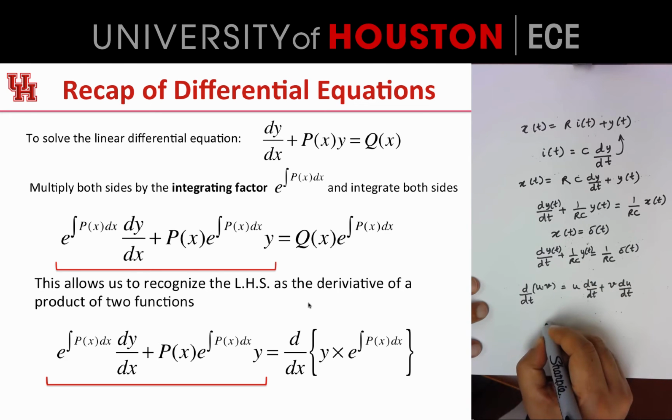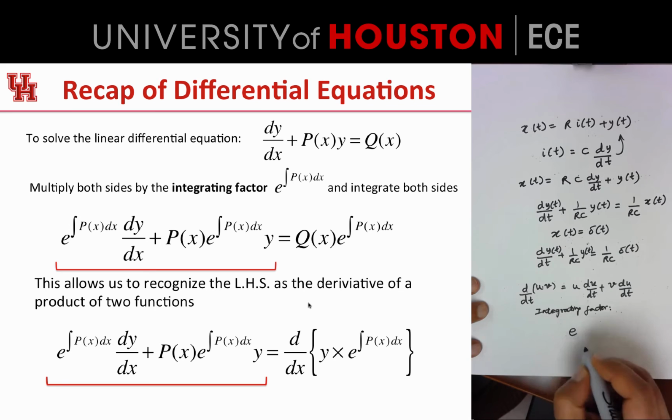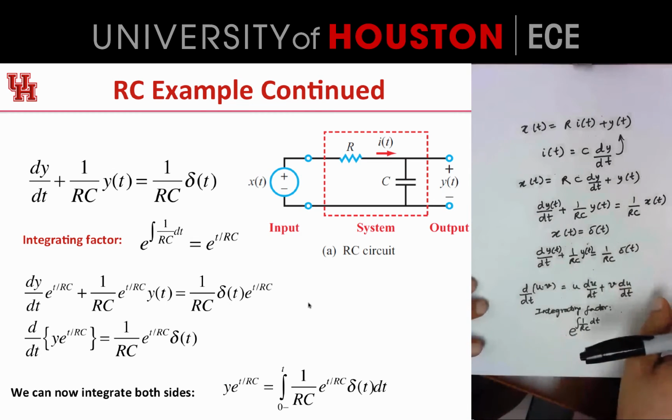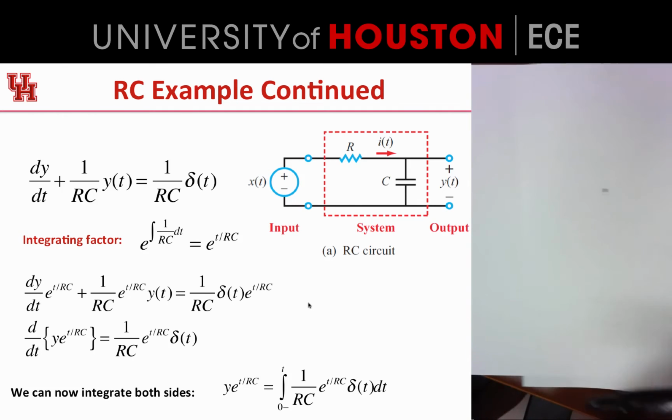So the integrating factor in this case is e to the integral of 1 over RC dt. And if we were to apply that, let's see what we get. So we get, this paper is messed up.